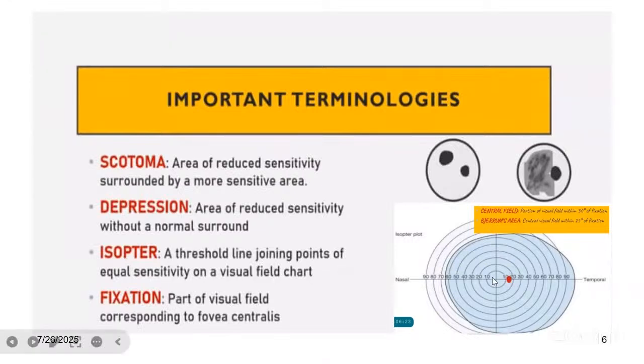So for example, on this diagram, we have fixation points, which is here. I don't know if you can see my cursor. These fixation points are points of maximum vision, where going outwardly, it is measured in a space of 10 degree difference.